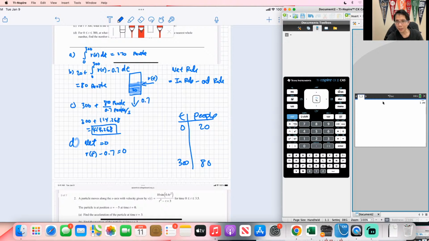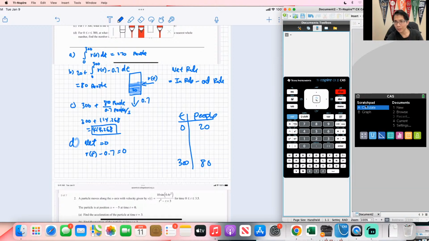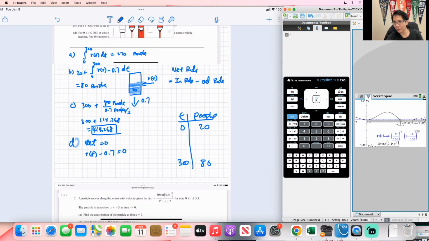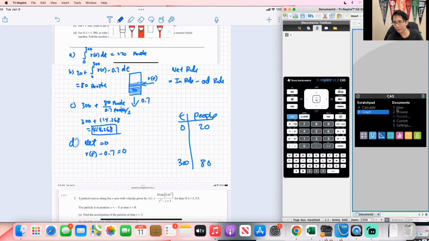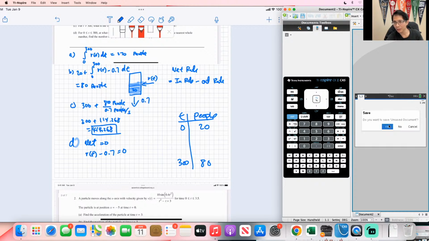So I'm going to graph. Wait, how do I get rid of this graph? Maybe new. Do you want to save? No. So I'm going to add a graph here and type in the function. Can somebody tell me the function?